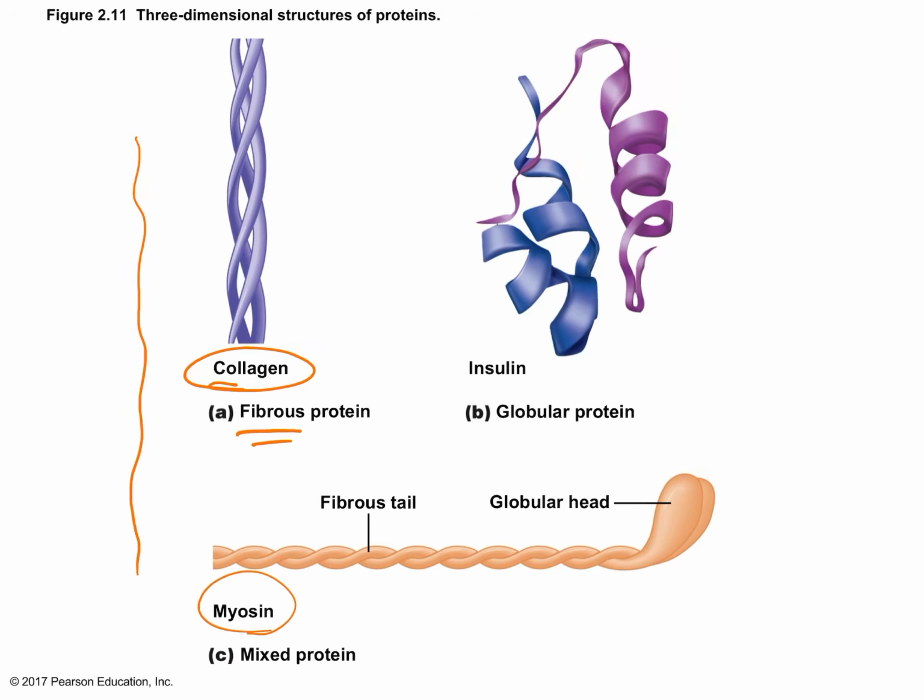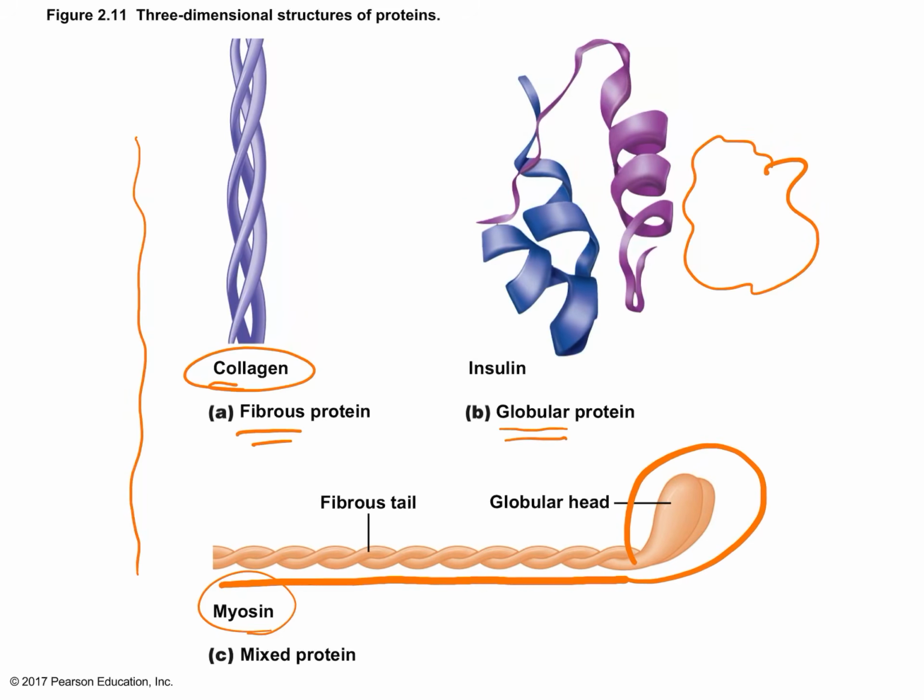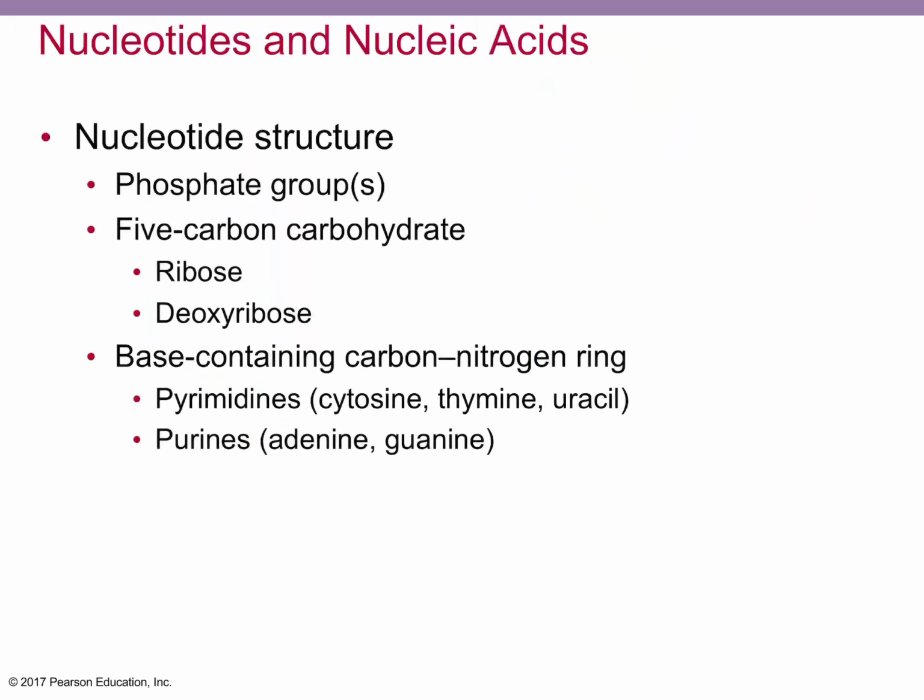You can see that myosin also has a fibrous portion to it. Then we have the globular protein, which is going to be more round in shape. It has more of a globby, round, irregular structure. And so myosin has both this fibrous, thin strand, and it has a globular region as well.